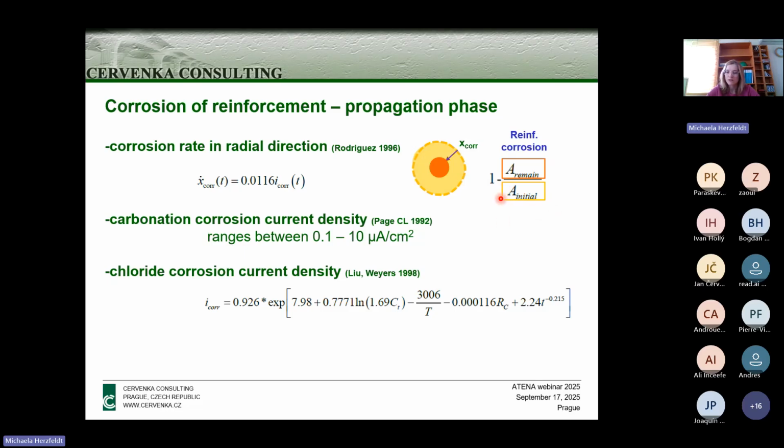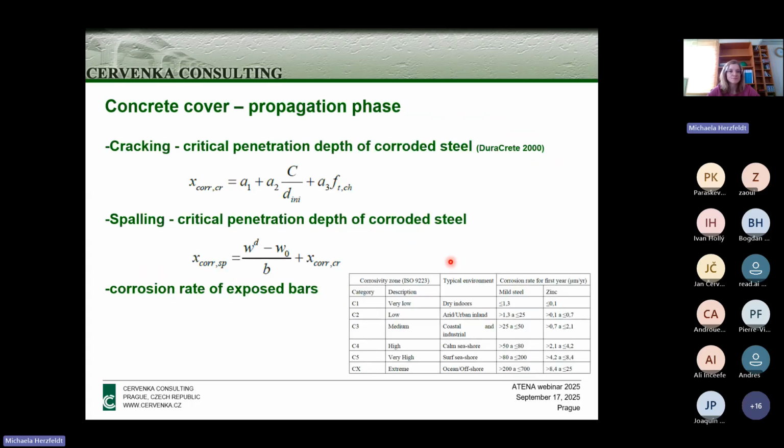So once it is 1, it's completely corroded. If the reinforcement corrosion is 0, that means that there is no corrosion happening on that reinforcement.